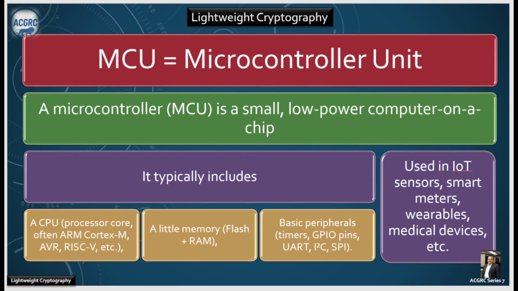These are used in IoT sensors, smart meters, wearables, medical devices, etc. So when you look at your smartwatch, there is an MCU in it. If you have a body sensor, a ring to get your health stats, there is an MCU inside it. Now you know.